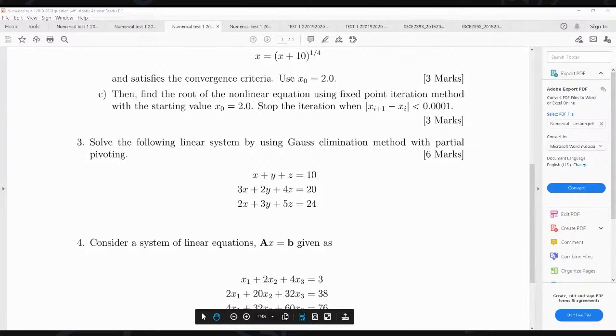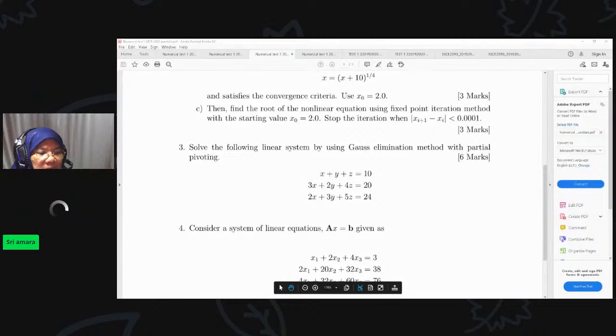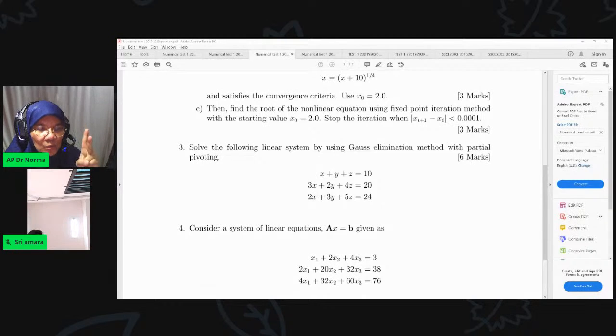What are the rules for Gauss elimination with partial pivoting? There is a rule to solve it. First, you need to apply elementary row operations, change rows, rearrange the rows, and then rescale the row.